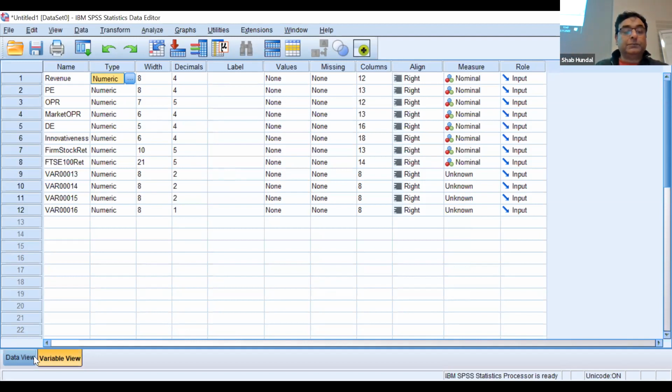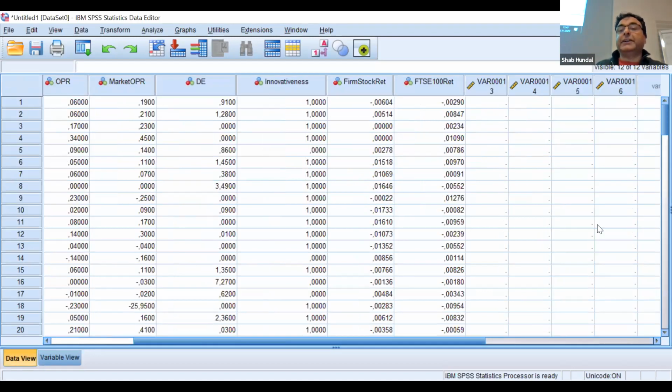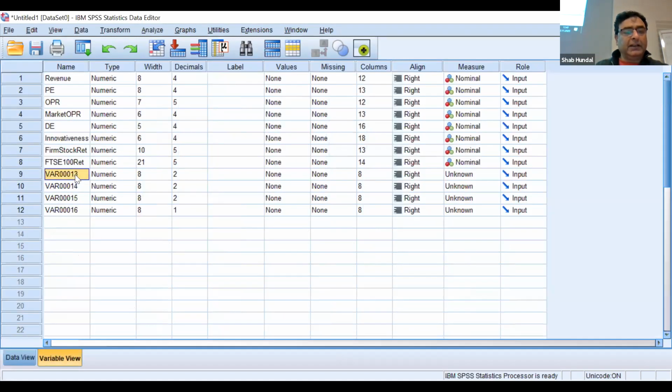Okay, now I go to the data view. I go to these variables. I can delete them because I was just playing before we met, so I can get rid of them. So how to remove them?